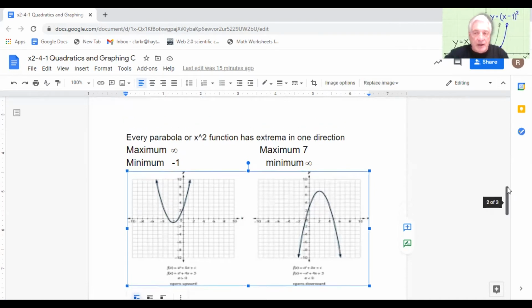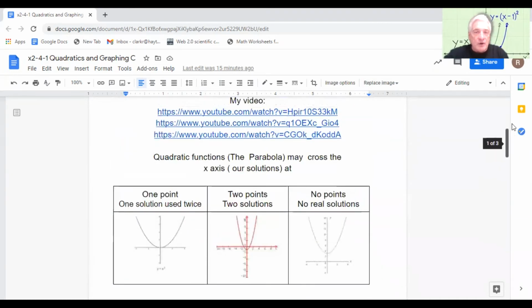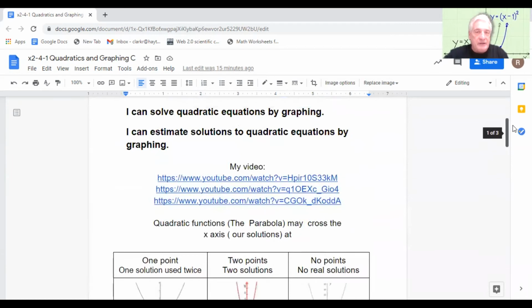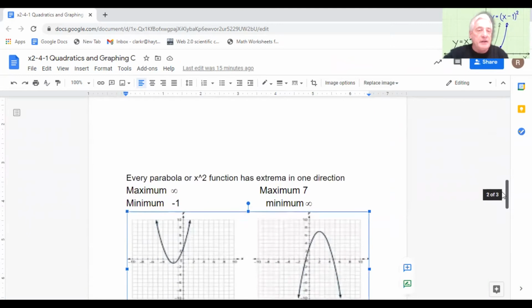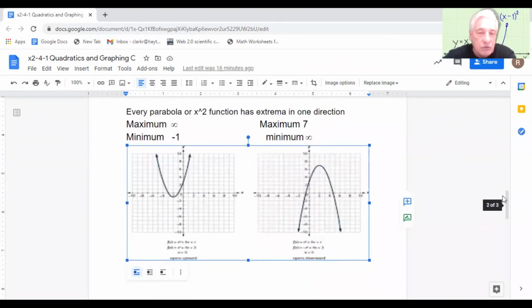That's what I mean by up here where it says we're going to approximate or estimate the quadratic equations by graphing. Graphing is great if it comes across right at a nice value, like this one does. This one comes right across at 5. Now, if we get our parabola to cross the x-axis at 2 and 7/19, we've got no chance of graphing that.